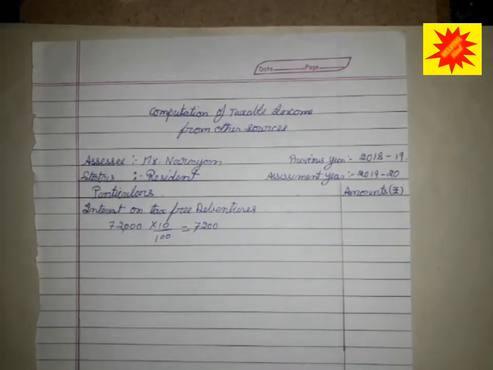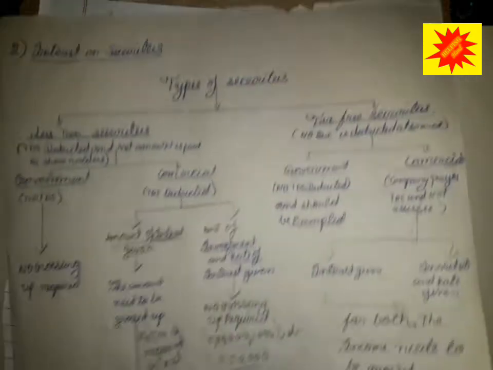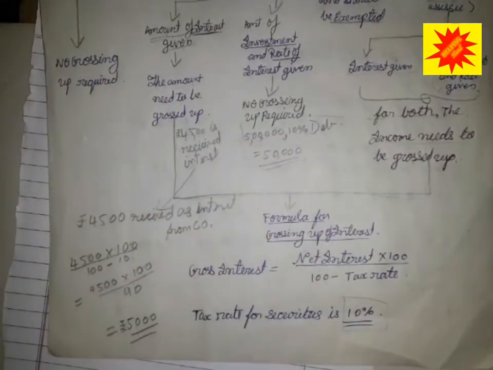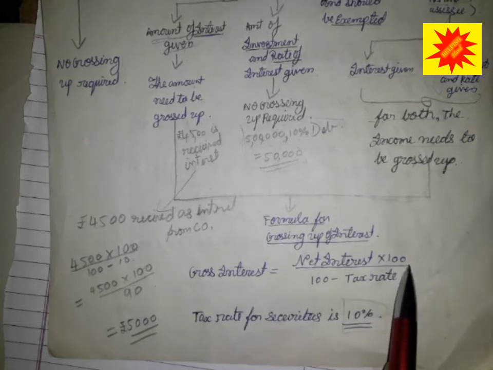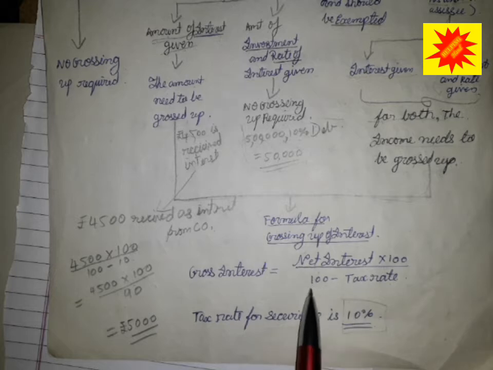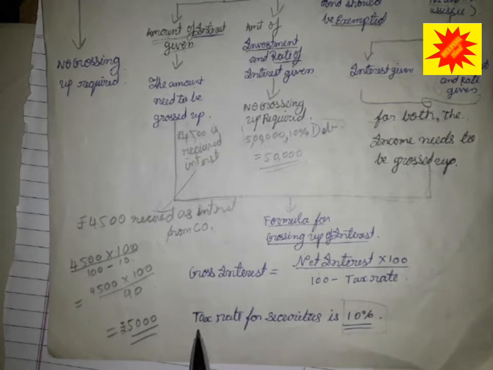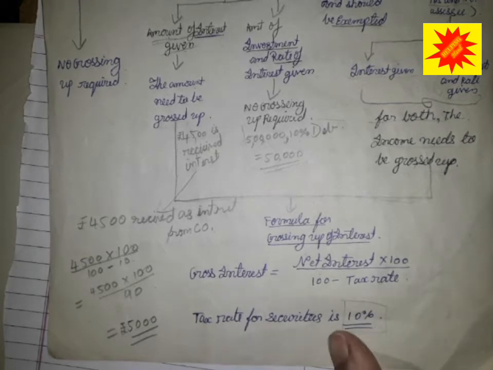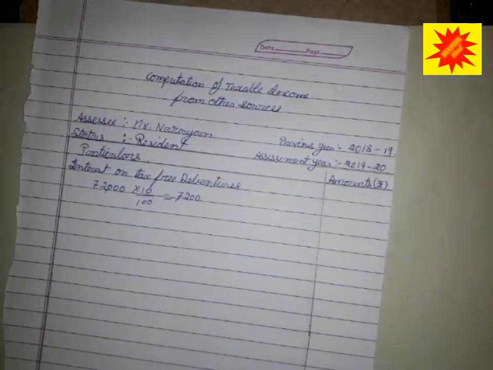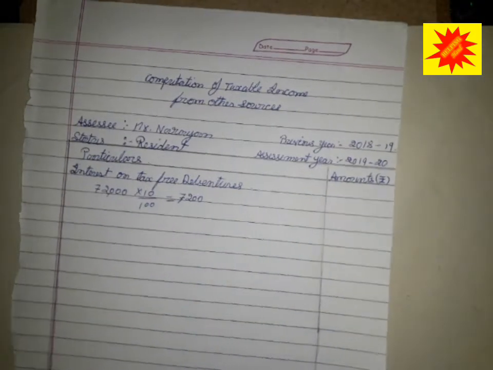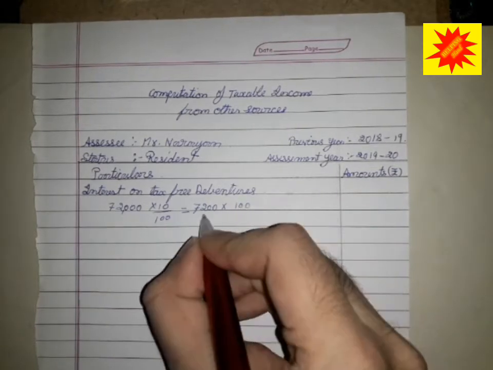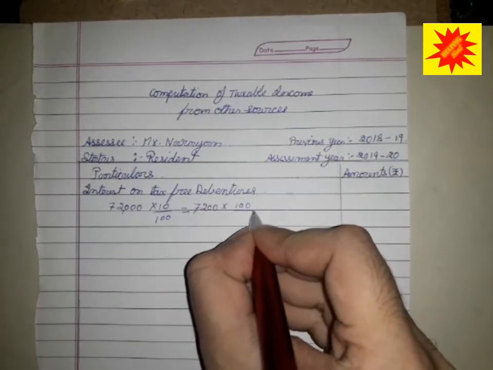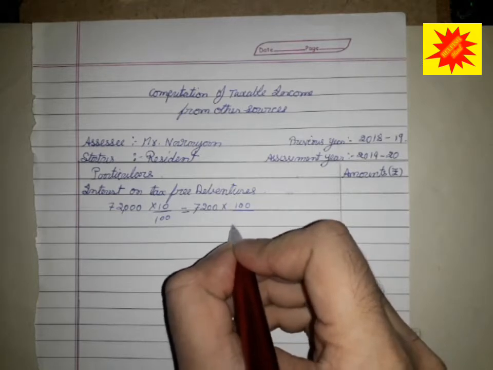So what is the formula for grossing up? In our previous video we have seen that gross interest is equals to net interest into 100 divided by 100 minus tax rate, where tax rate for securities is 10%. So here for this question, 7,200 into 100, because this is the net interest, into 100 divided by 100 minus 10.